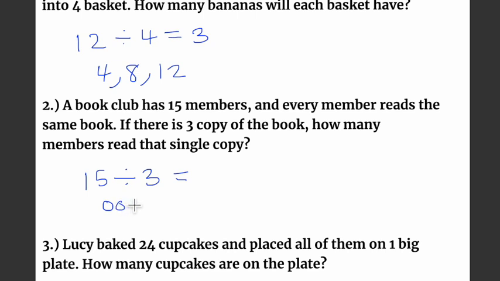So 1, 2, 3, 4, 5. Then we put them into groups of 3. It's a little messy. But if you count the number of groups we have, it's 5. So that means 5 members read a single copy.